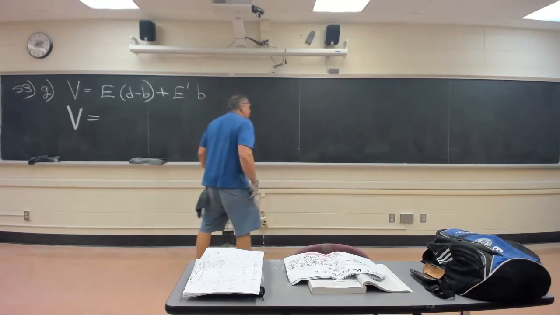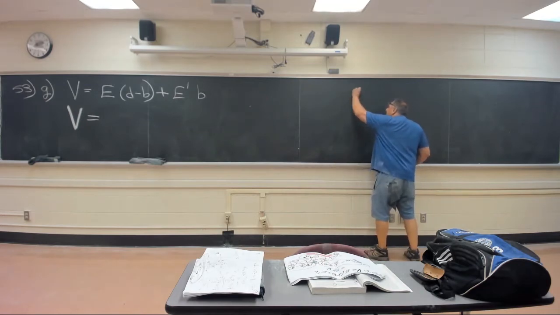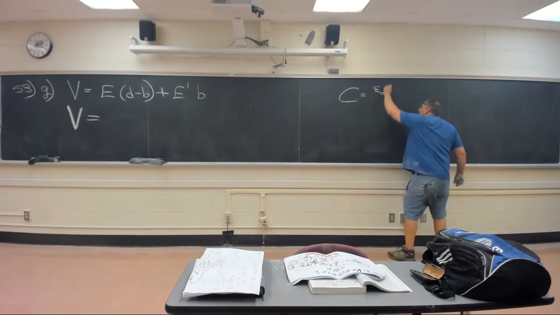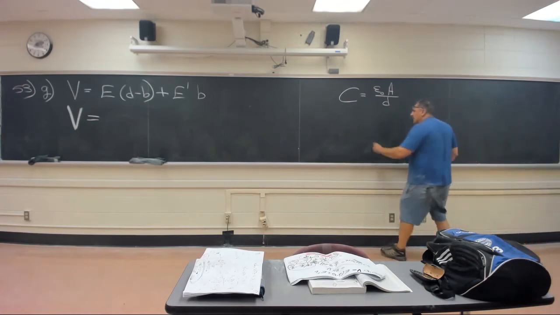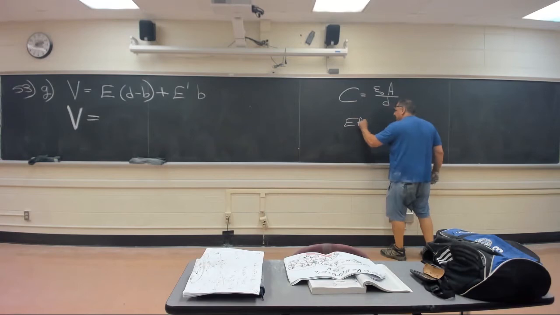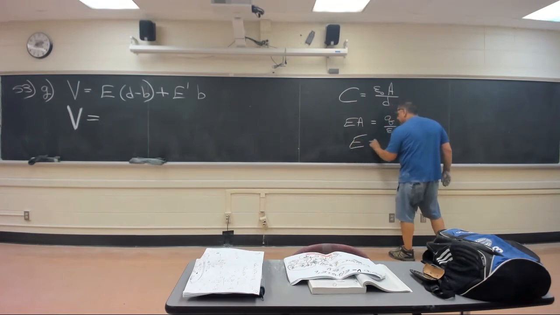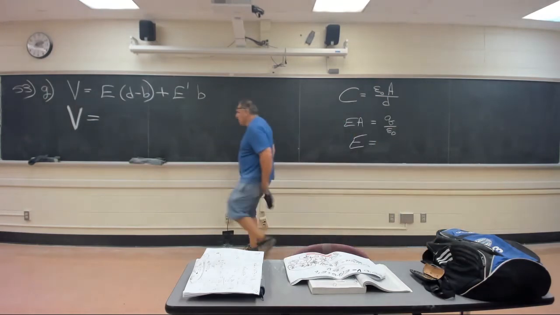And we had said earlier, didn't we, that C was epsilon naught or kappa epsilon naught A over D, and how that actually gets proven, that whole thing. We said that E, in at least our circumstances, was this.